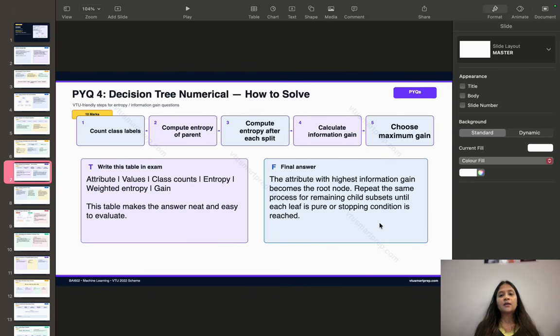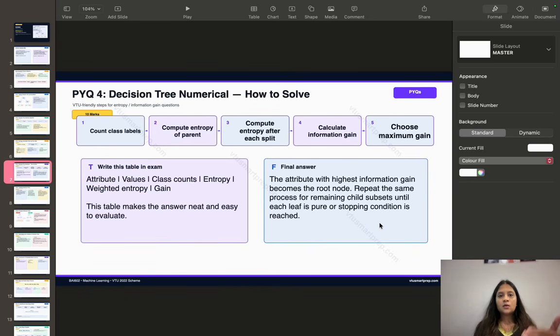And then if I get time, I'll try to make one small video for the decision tree problem, as well as for information gain, and as well as for Naive Bayes problems. So the fourth question is decision tree numerical, that is what I was talking about. Here also you will get the problem.